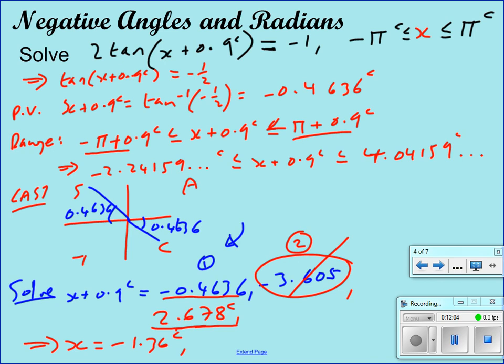And then if we do the same to solution number 2, so 2.678 radians minus 0.9 gives me 1.78 radians to 3 significant figures. And they're the only ones that are inside our range. So that's it, that's solved.